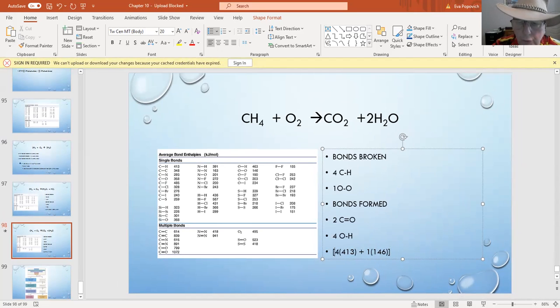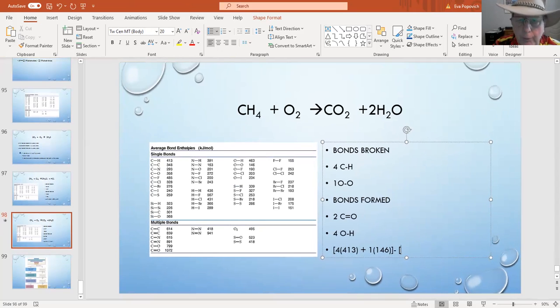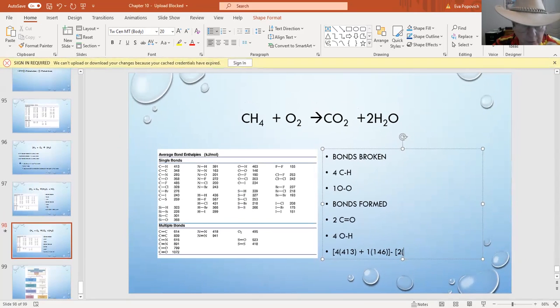So those are the bonds being broken. From that, I'm going to subtract the bonds being formed, which is 2 times 799 plus 4 times 463.